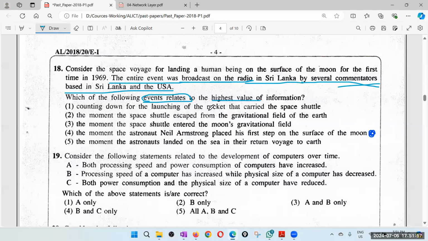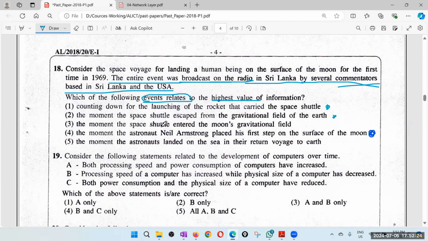Counting down for the launching of the rocket that carries the space shuttle. Okay, so let's keep reading. The moment the space shuttle escaped from the gravitational field of the Earth. Okay. So what is the highest value usually? When that guy steps on the moon. That is what everyone is looking at, right? Because this is not just sending a rocket to space. Anyway, let's see.